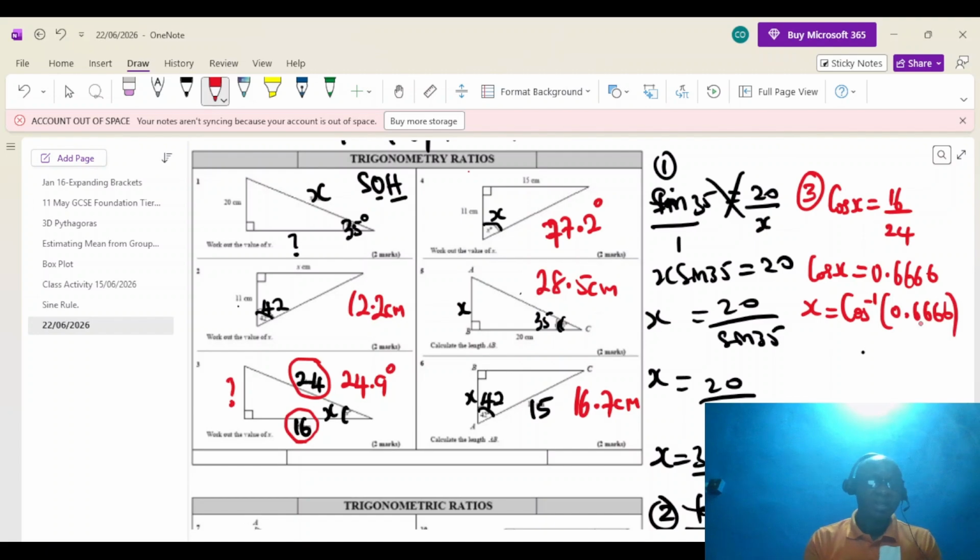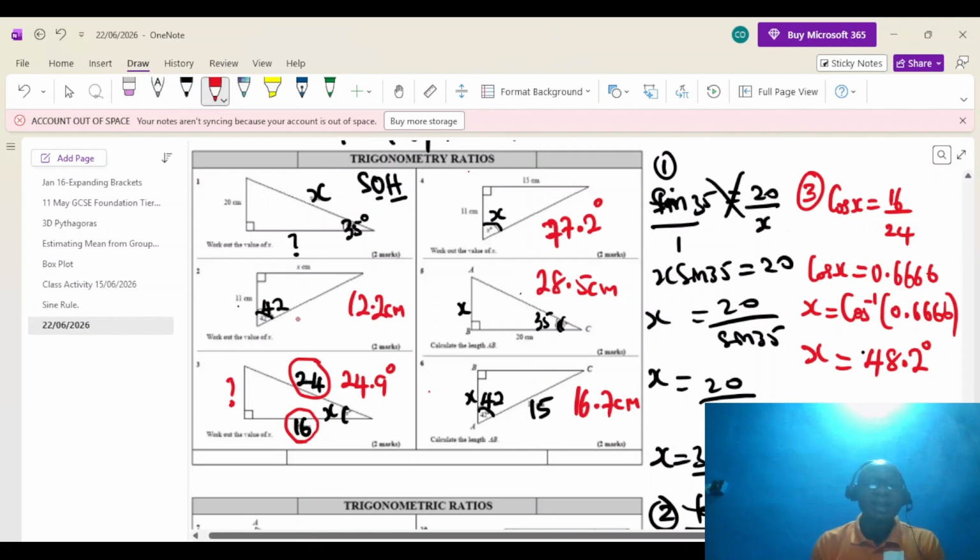Then let's find it. The cos inverse of 0.666 is going to give us exactly the value of x in degrees, which is 48.2 degrees. So the correct angle for number 3 is 48.2. Okay? Are you with me?